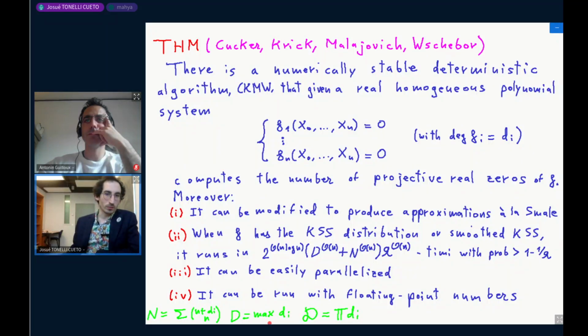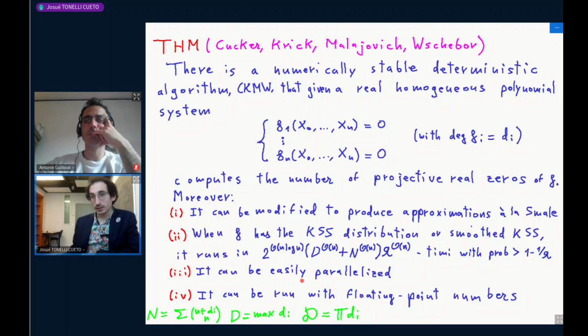Capital D will always be the maximum of the degrees, and calligraphic D will be the Bézout bound, the product of the degrees, essentially the maximum possible number of real roots.